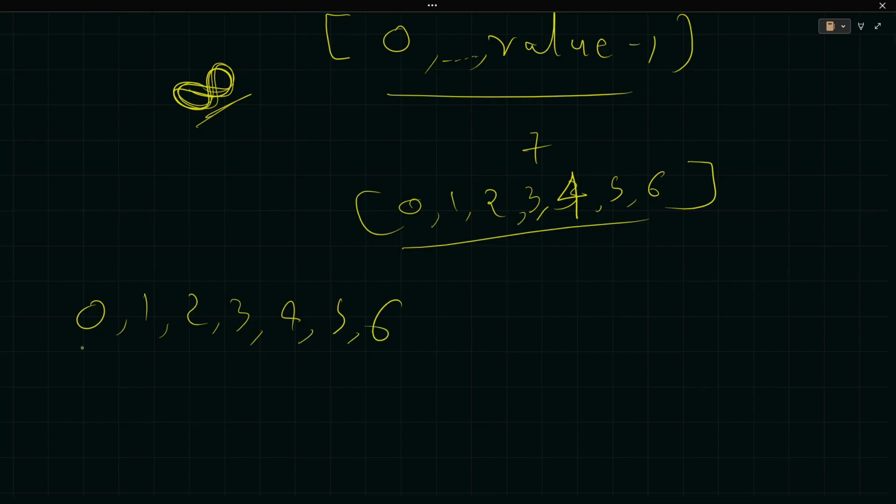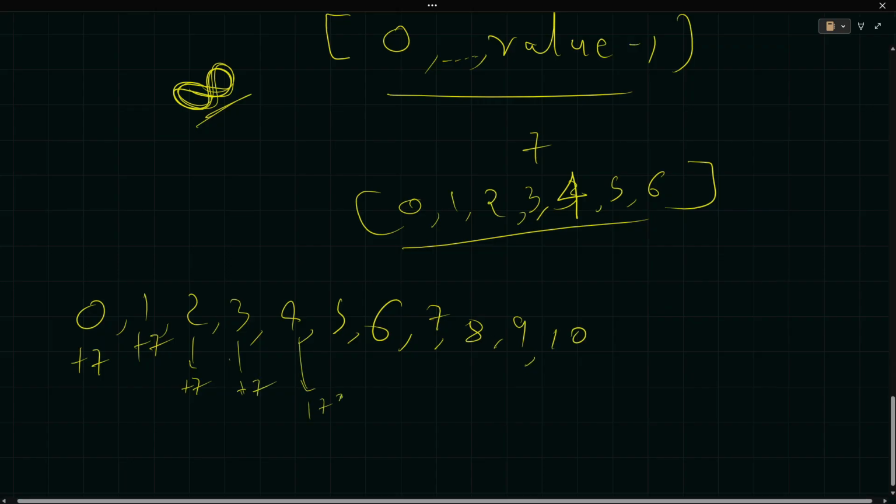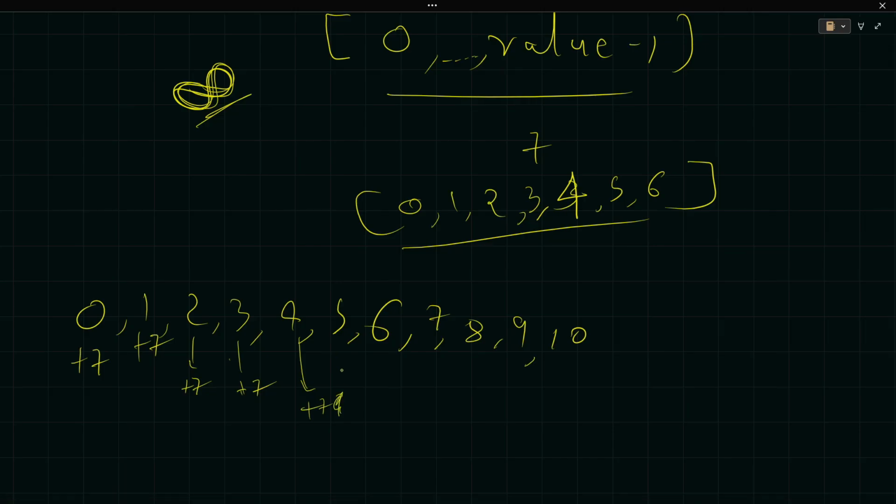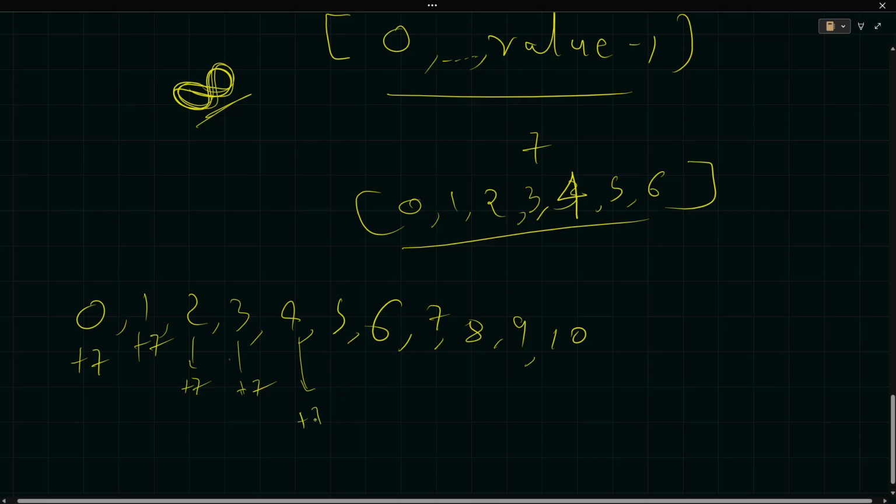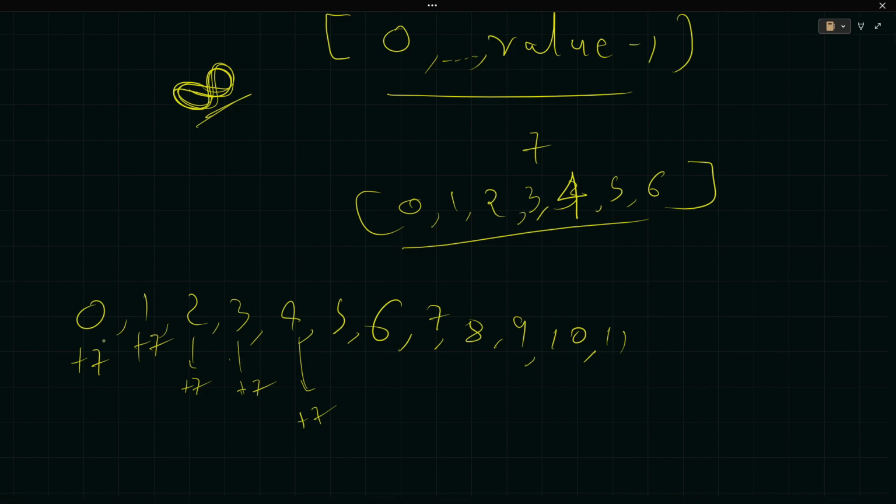Now you will add plus 7 to this, it would become 7. Plus 7 to this, it would become 8. Plus 7 to this, it would become 9. Plus 7 to this, it would become 10. And plus 7 to this, it would become 11. Okay, so you have generated all the values from 0 to 11.